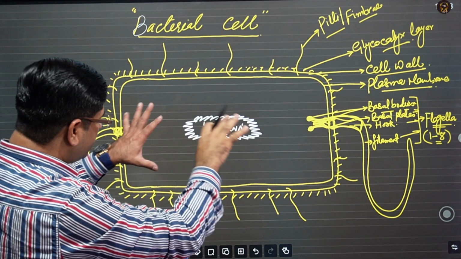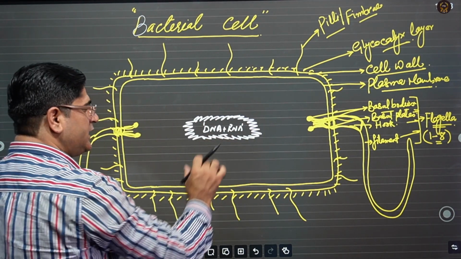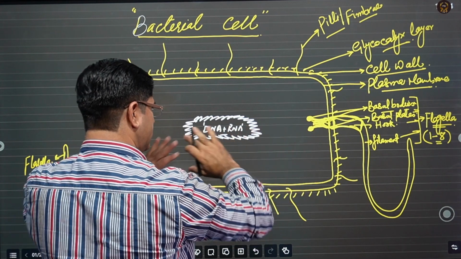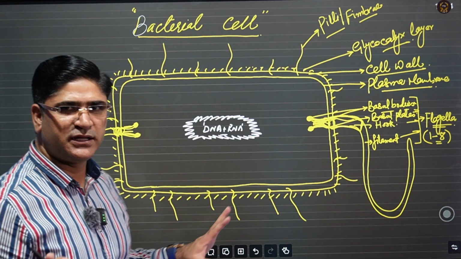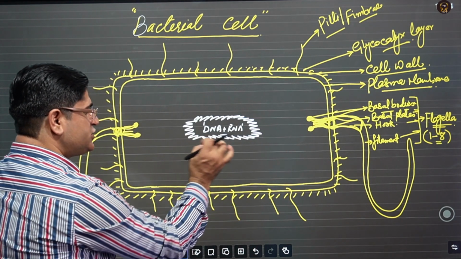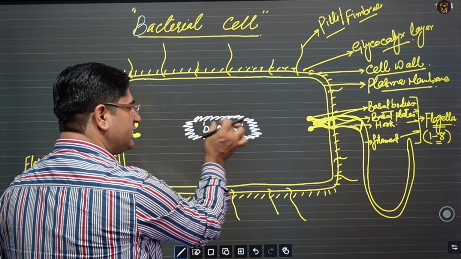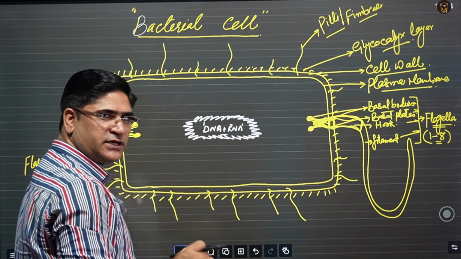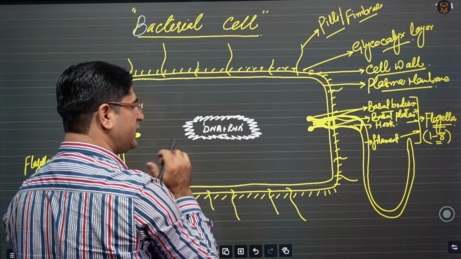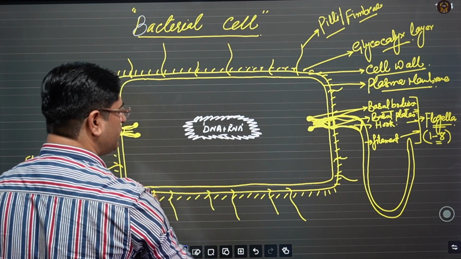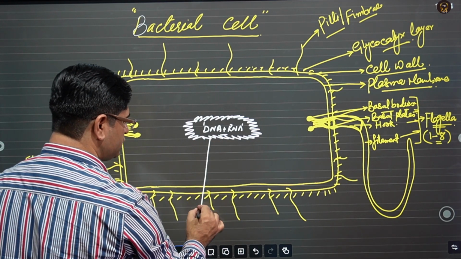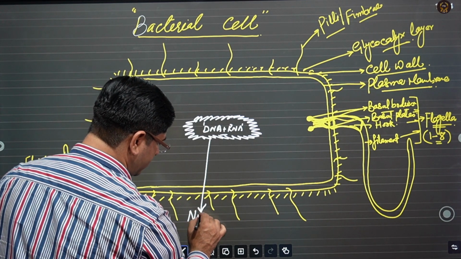This genetic material in the bacteria is completely naked. It doesn't have any envelope system. It is coagulated in the central location. In the center of the cell, this region which contains the DNA genome of the bacterial cell is known as nucleoid.